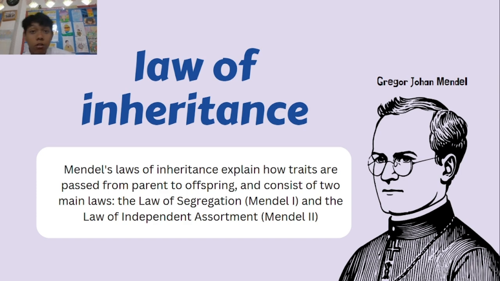Here we have the father of inheritance. His name is Gregor Johann Mendel. Mendel's law of inheritance, how traits are passed from parents to offspring, consists of two main laws: the law of segregation, Mendel's first, and the law of independent assortment.